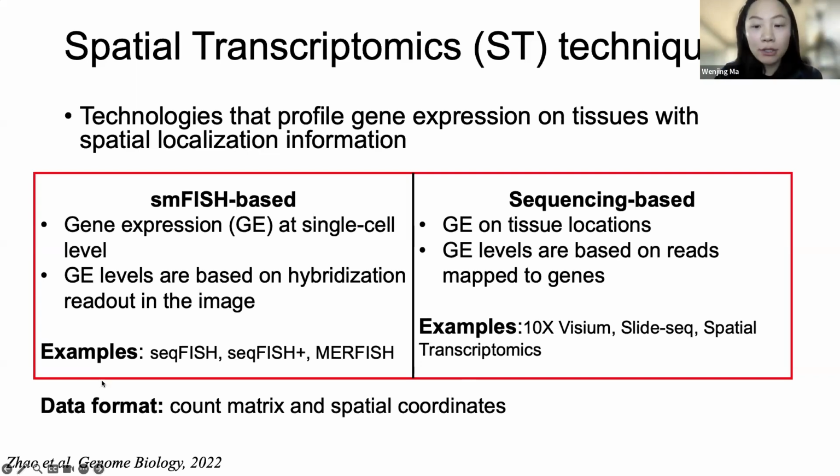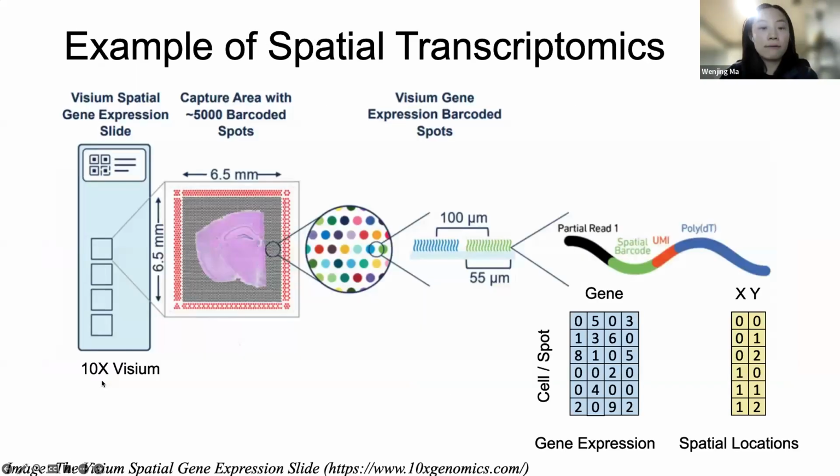Here I would like to give a quick introduction to spatial transcriptomics data measured by 10x Visium. For 10x Visium, each slide captures the tissue of interest. There are several probes on the slide, where each has its coordinates, for example 0 and 1 for this spot.